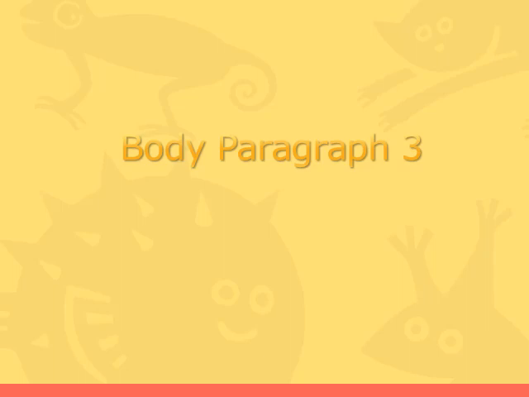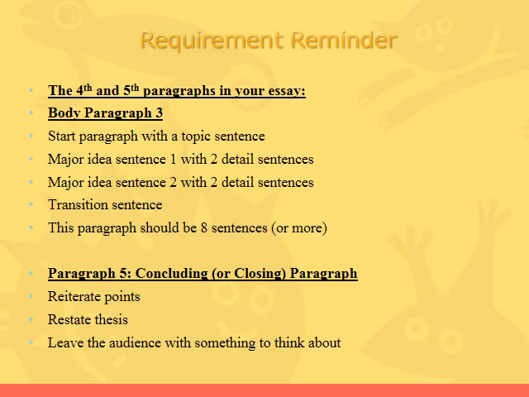Okay, so body paragraph 3 is your fourth paragraph in your essay, and you can do the same thing as you did for the first aspect. The second aspect is their appearance. Just as a reminder here, body paragraph 3 is actually your fourth paragraph. Body paragraph 5 is actually your body paragraph 4, if you have 4 body paragraphs.